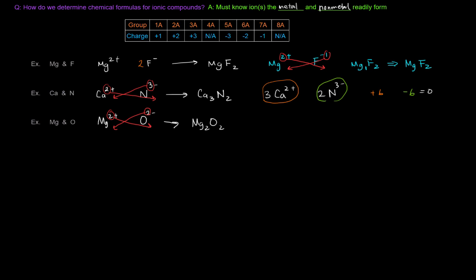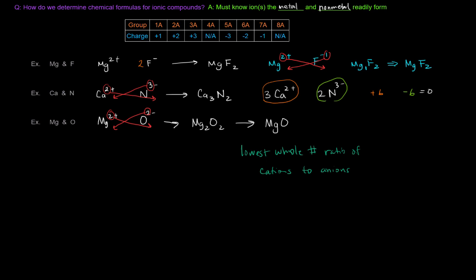Instead of being Mg2O2, I would divide both of those numbers by 2 because they have that number as a common factor, and I would get MgO, which is a chemical formula that gives me the lowest whole number ratio of cations to anions in that crystalline ionic compound.